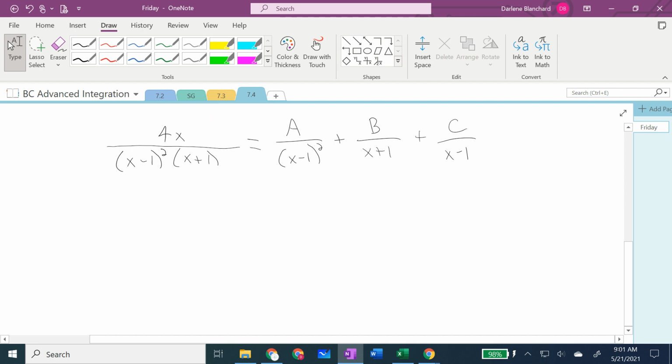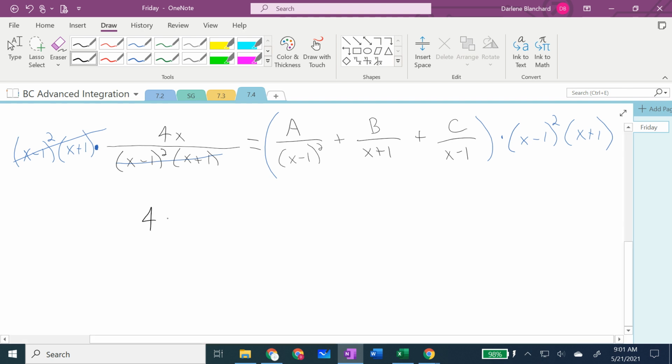Now, if you remember when we're doing fraction decomposition, after we have determined how it's going to be rewritten with the unknown constants in the numerators, we multiply by the common denominator. And that common denominator is the x minus 1 quantity squared times x plus 1. These are going to cancel.